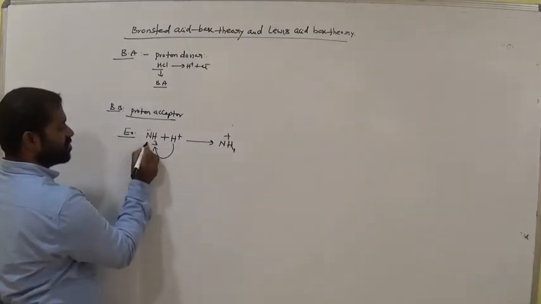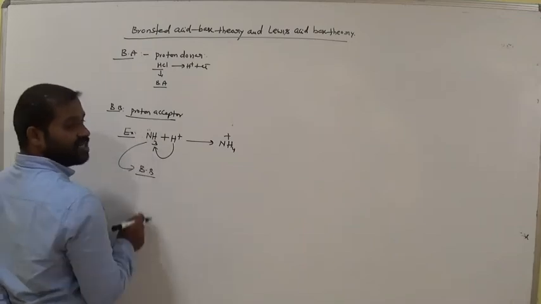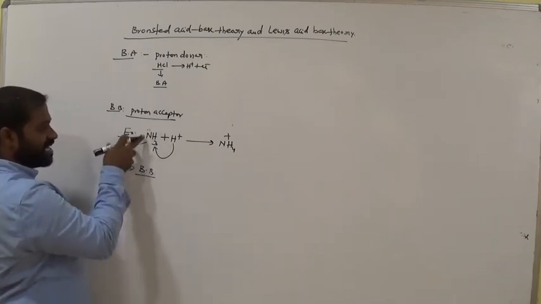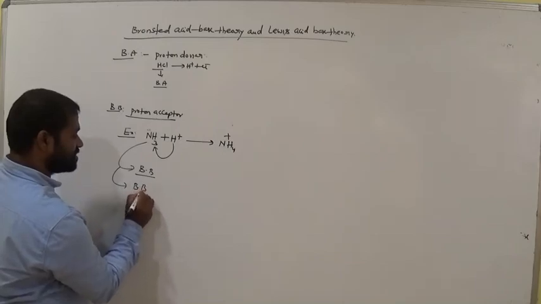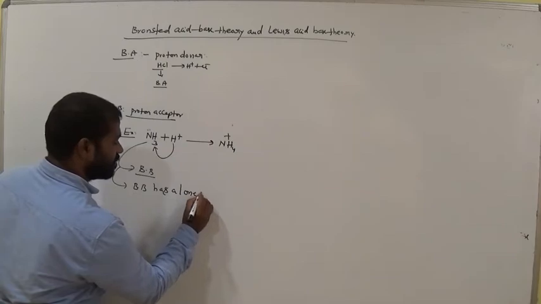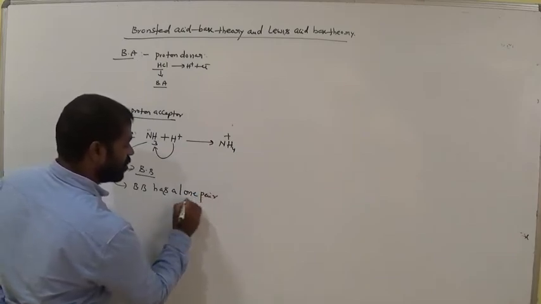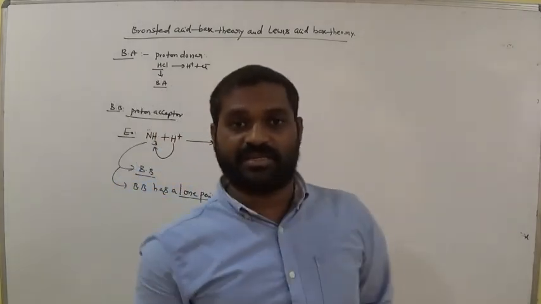So we call it a Bronsted base. That means to accept protons, it has at least one lone pair. So a Bronsted base possesses a lone pair. Remember this.